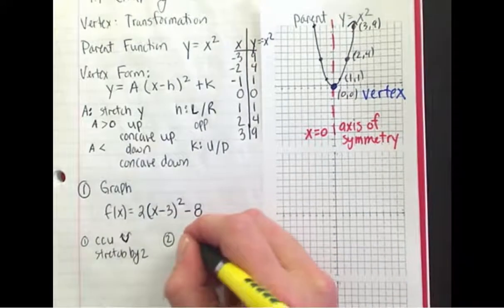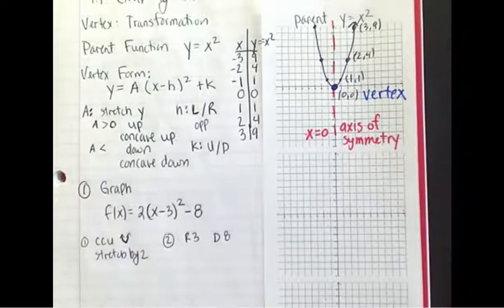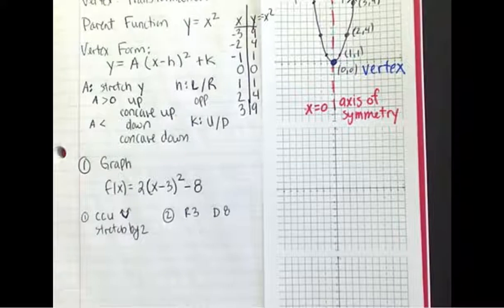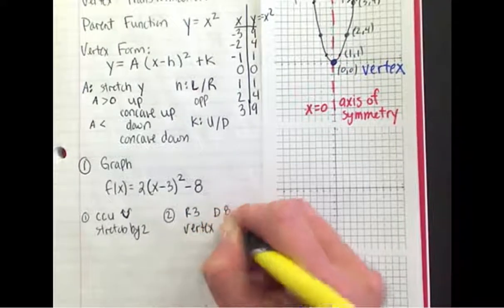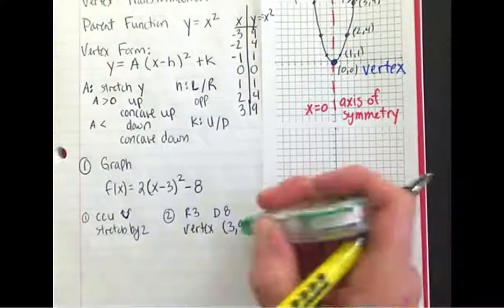Right 3, down 8. Got to move my graph. Right 3, down 8. That's going to give me my vertex of (3, -8).